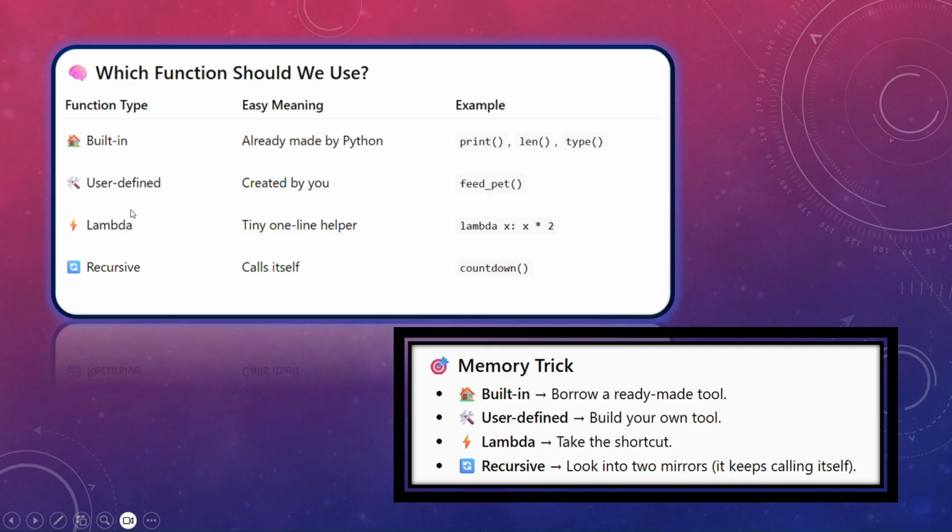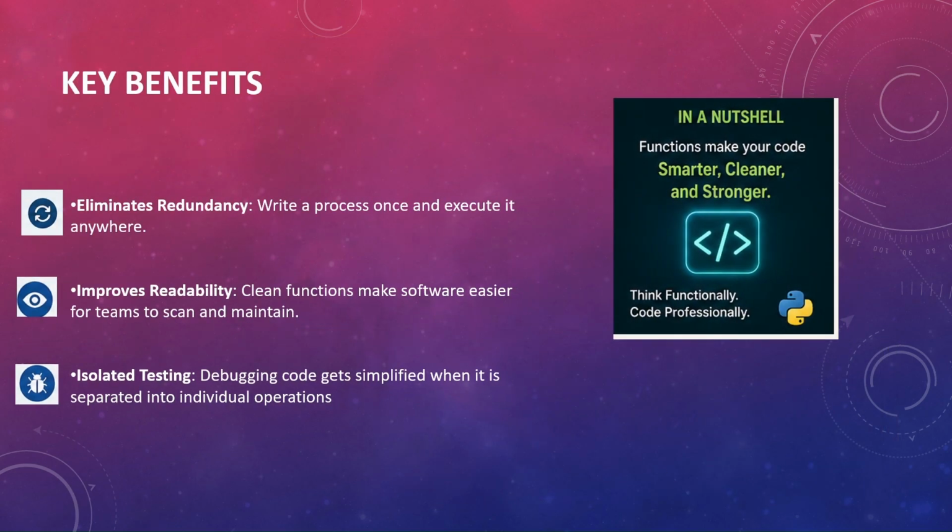Where there are tiny one-liner helpers, we use lambda. And if there is a scenario where you need the function to call itself, it is recursive. Built-in, borrow a ready-made tool. User-defined, build your own tool. Lambda, take a shortcut. And recursive, look into two mirrors. It keeps calling itself. So this is what it is all about functions.